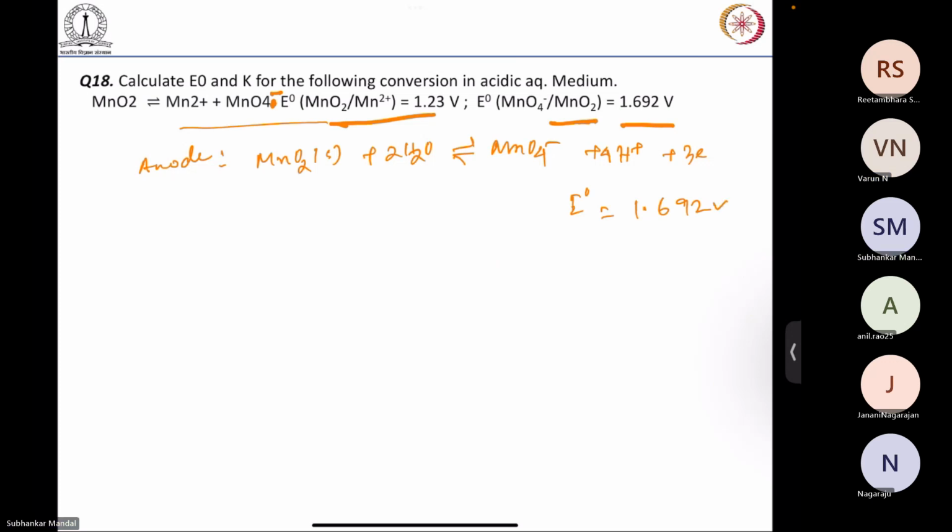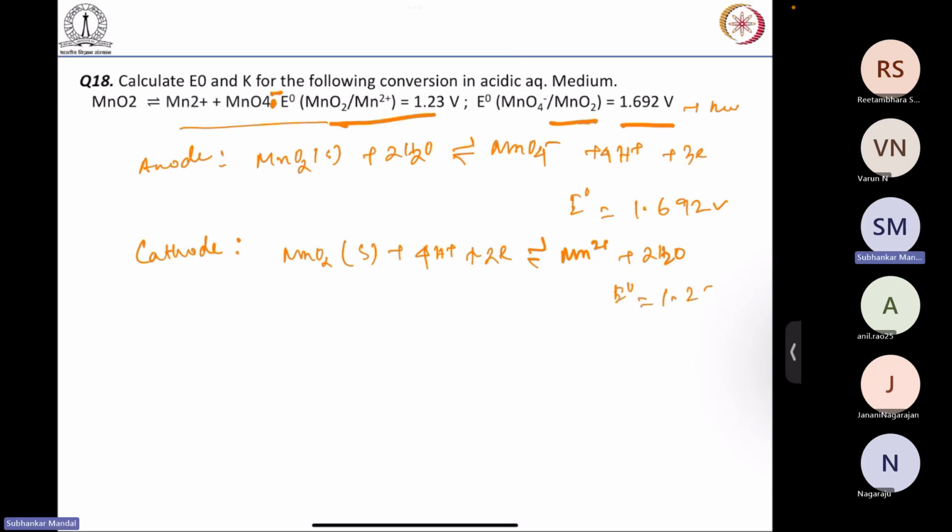This is the reduction potential. In the cathode, what will it be? MnO2 plus 4H plus and 2 electrons gives manganese 2 plus and 2H2O, E naught 1.23 volt. So these things I have written.